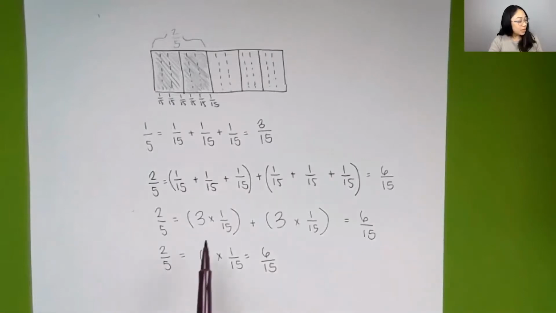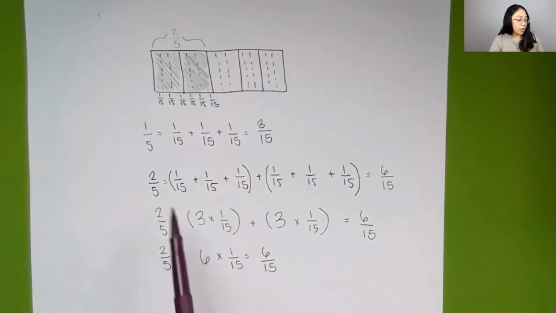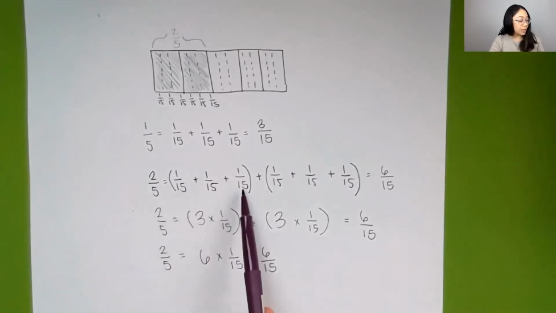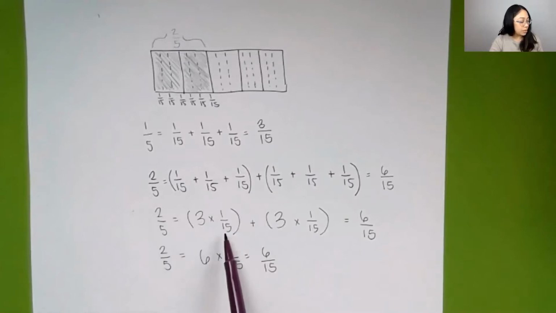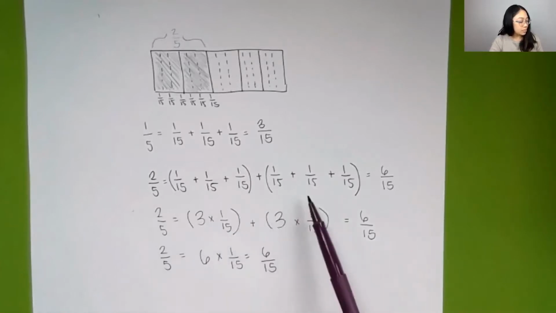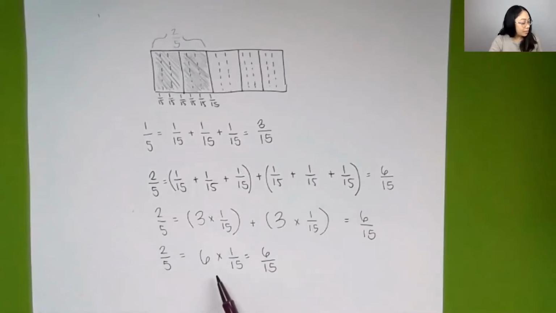Here you can see I wanted to show what I have here in parentheses down below in the form of a multiplication sentence. So here, because I have 3 copies of 1/15, I wrote 3 times 1/15 plus 3 times 1/15. Below that, I wrote the multiplication sentence 6 times 1/15 equals 6/15.